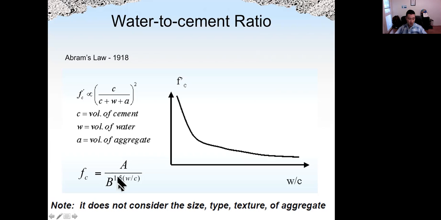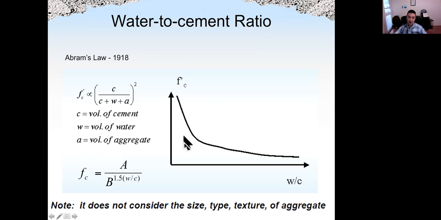Here A and B are constants. For example, the A value is around 14 ksi, the B value is around 4. So we can use this equation to roughly estimate the strength of concrete based on W over C, the water to cement ratio.